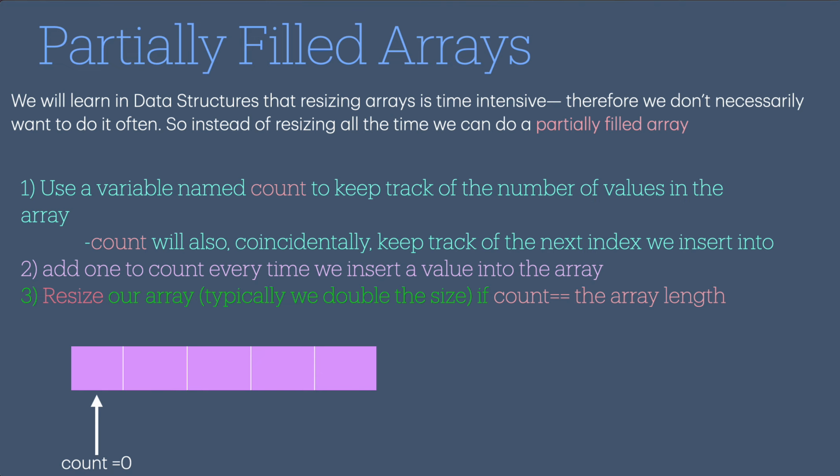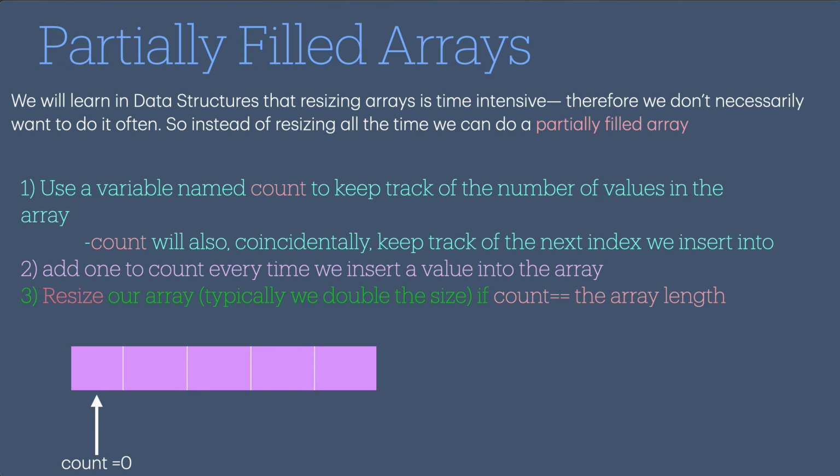The way we accomplish this is we use a variable named count to keep track of the number of values in the array, okay? Right now, you can see this little array at the bottom I have, and count is equal to 0. Count will also coincidentally keep track of the next index we insert into. So count equals 0, our partially filled array is empty, all right? And 0, coincidentally, is the next index we insert into.